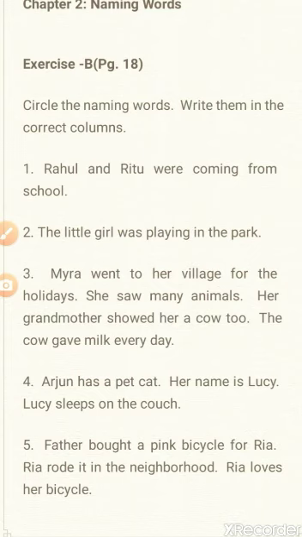These are not the names of any person, animal, place, or thing. But if you see the word village, it answers our question, is this a name of a place? Yes, it's a name of a place. So, we have to circle village and write it in the places column.